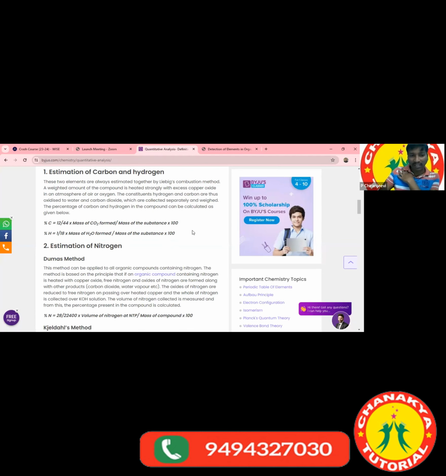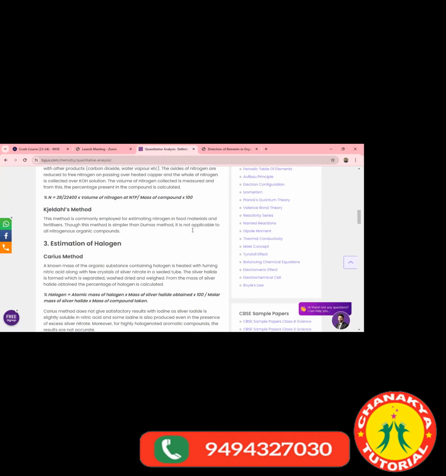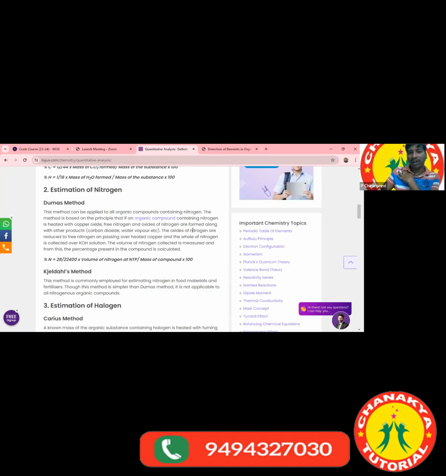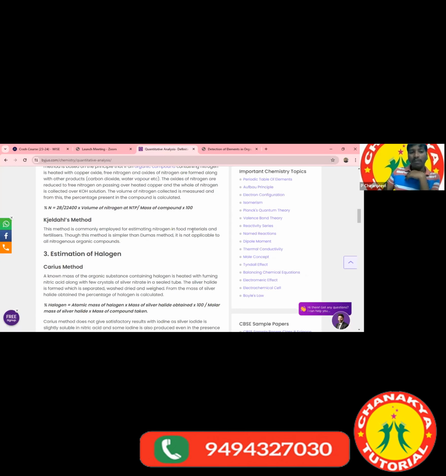Next, estimation of the nitrogen. For estimation of the nitrogen, we are using two methods. What are the two methods? One is the Dumas method, another one is the Kjeldahl method. In the Dumas method, the percentage of the nitrogen is equal to 28 by 22,400 into volume of the nitrogen at NTP or STP by mass of the organic compound into 100.